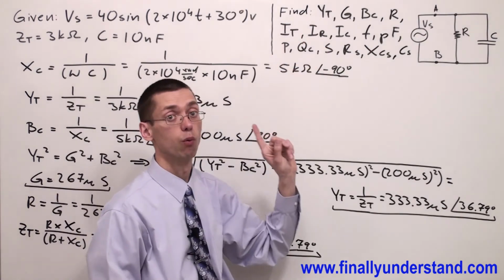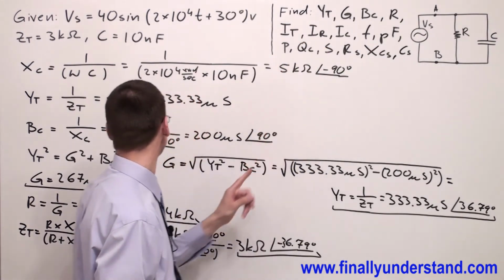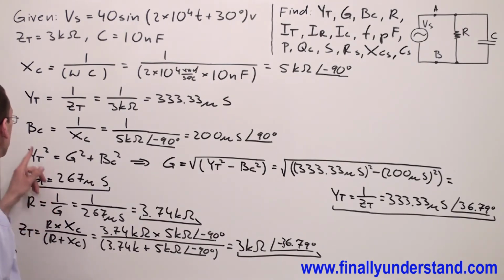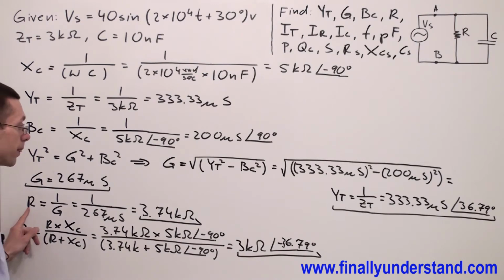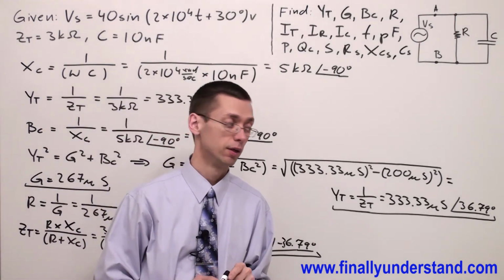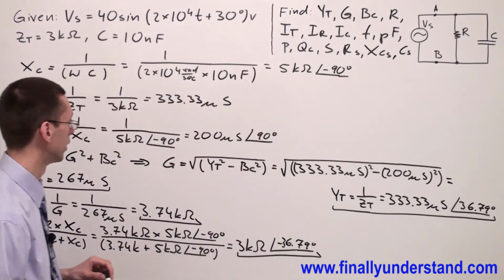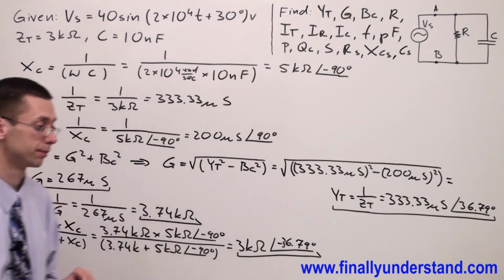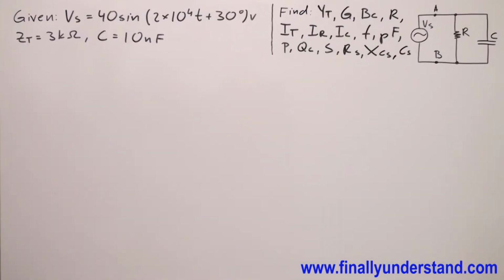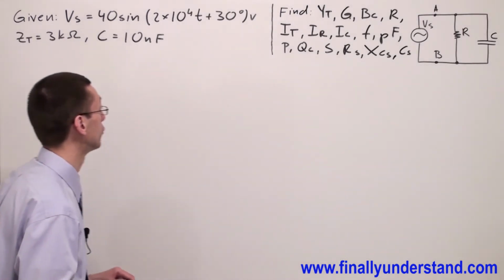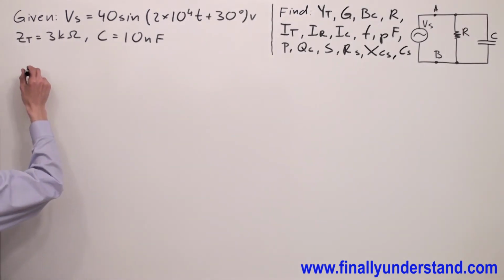So we found Y total, we found G, and we found BC, we found resistance. Okay? As I said before, there are many other ways to solve it, but let's start learning these problems using this technique. We can find the total current. In order to find total current, I'm going to use Ohm's law.